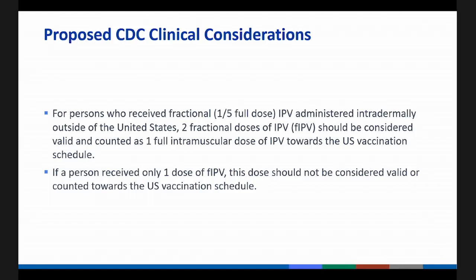So is this a long-term global strategy to use fractional? I don't know the answer to that question. I think it's country to country. 2 fractional doses is still only 40% of 1 full dose, so there is still some cost savings, and I'm not sure how much that factors into the calculations.